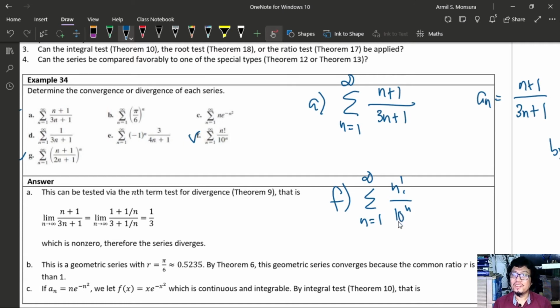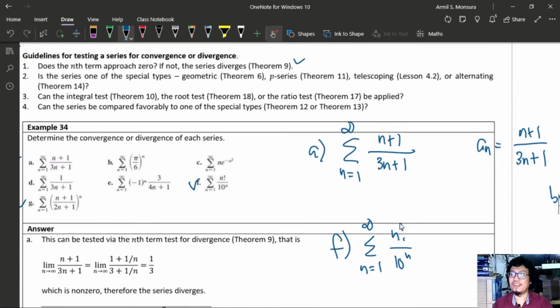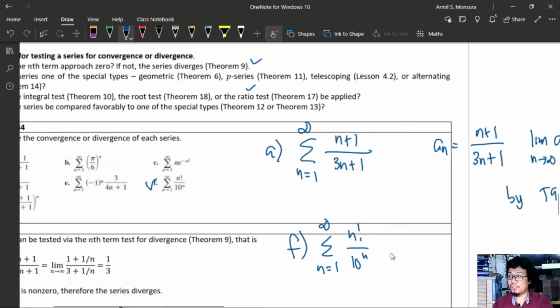If a series contains a factorial or an exponential, the ratio test applies here, because this might converge or diverge very quickly. The factorial and the exponential become large for not so large values of n. So that is why we'll use the ratio test in this case.